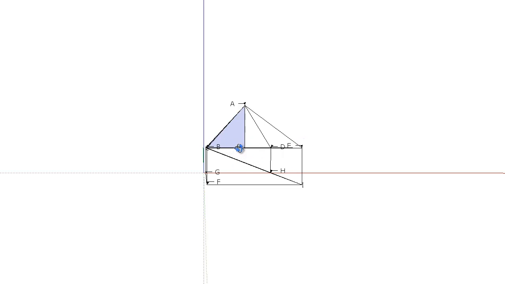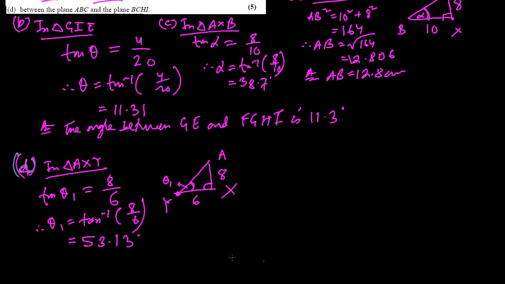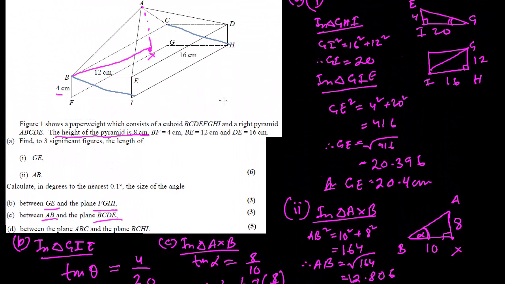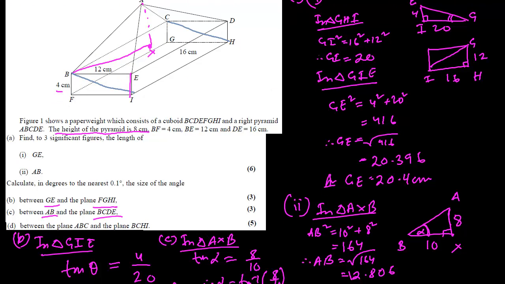And it's pretty straightforward to find this angle, and we can add this angle and this angle together. So let's finish this. So this is 12, this is B, this is E, this is I, and what is the length of this? Okay, so this is 4, this one is 4, and this one is 12. We can find the angle very simply.